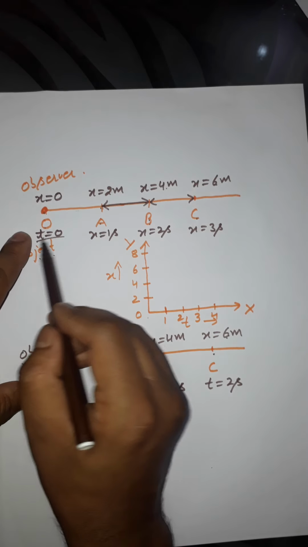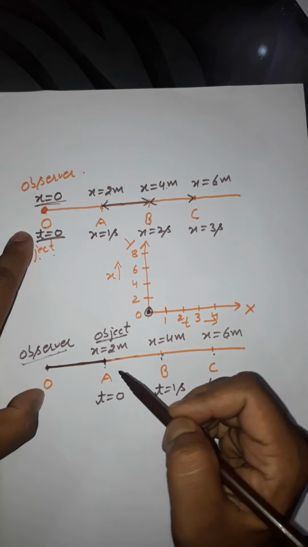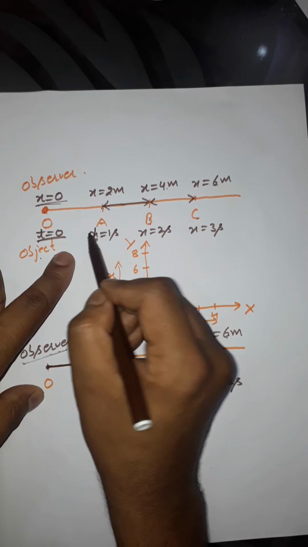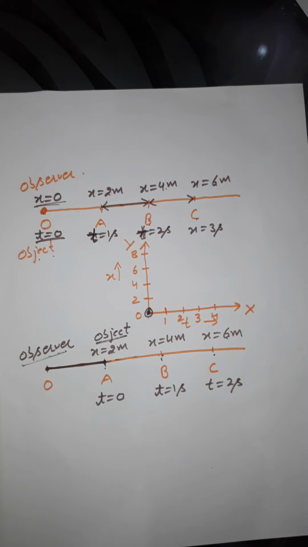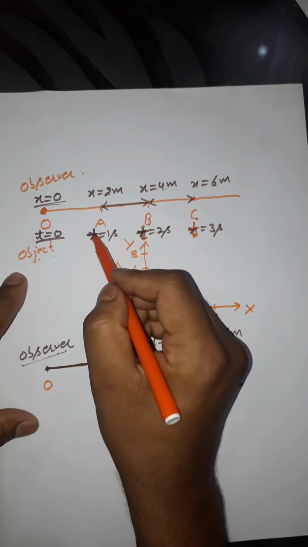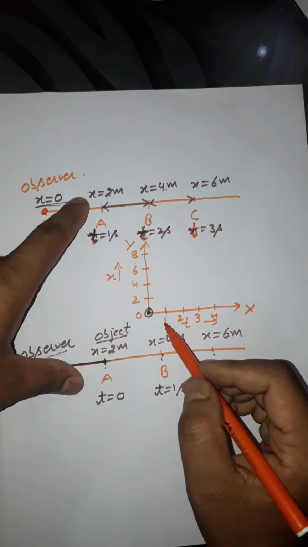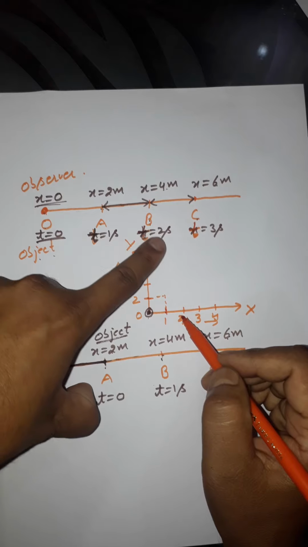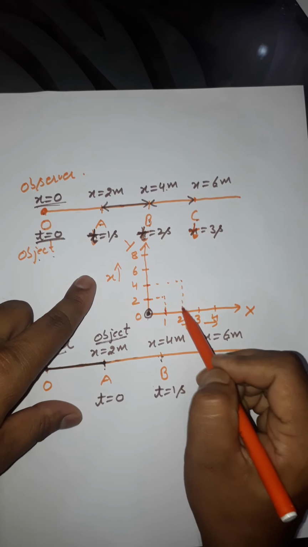When time t is equal to 0, distance is 0, which means the point is marked somewhere here. Sorry, here you have to mention time. It is time, it is not distance. Now when time is 1 second, distance is 2 meter, like that. When time is 2 second, distance is 4 meter, like that.